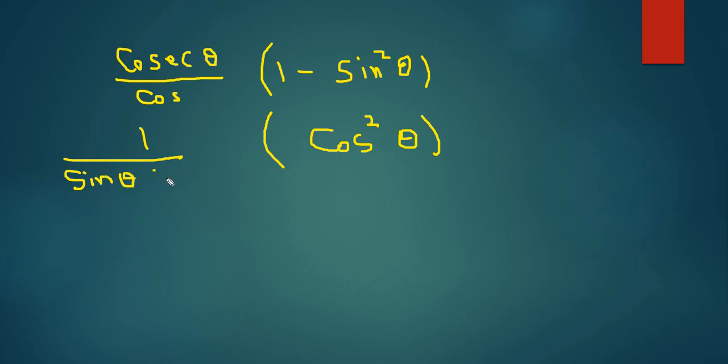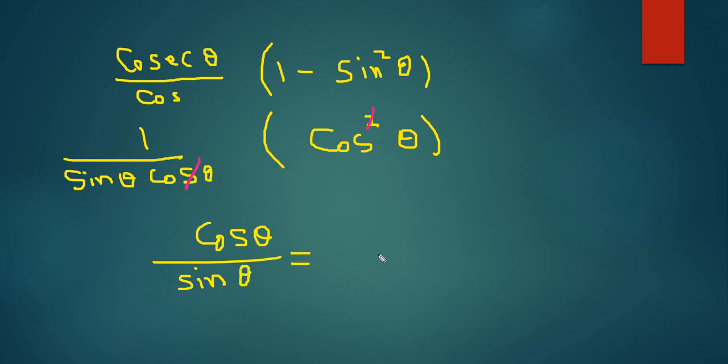Cancelling one cosine from the numerator and denominator, we get cosine theta over sine theta, which equals cotan theta. This is the answer. The answer is cotangent theta.